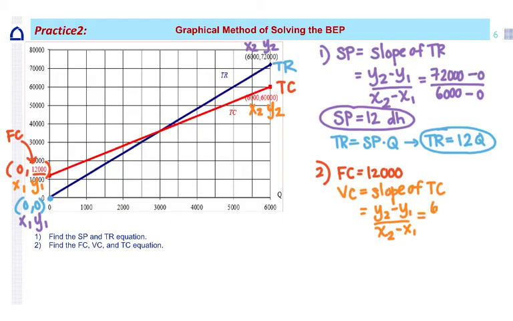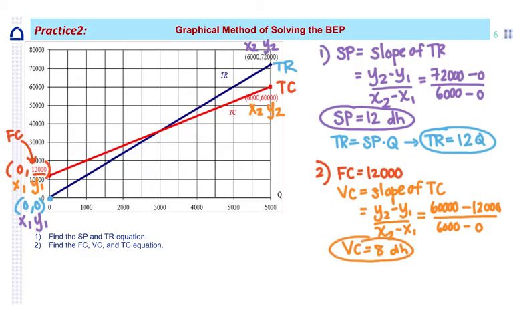We plug those numbers in, 60,000 minus 12,000 divided by 6,000 minus 0. And we end up getting that the variable cost is 8 dirhams.